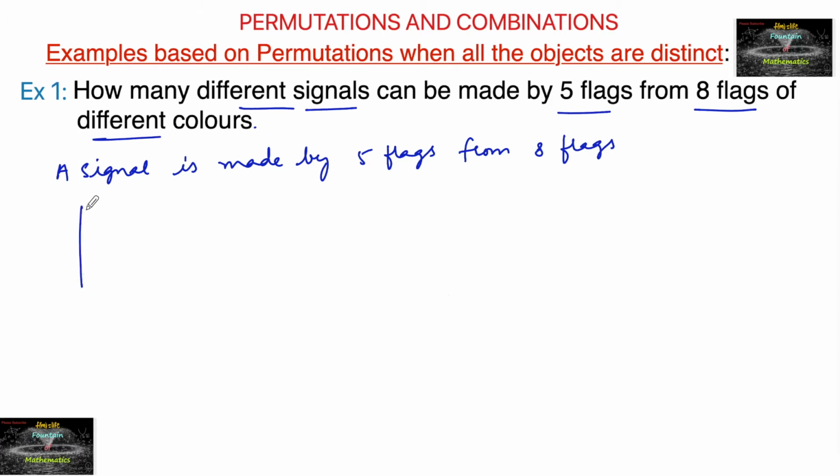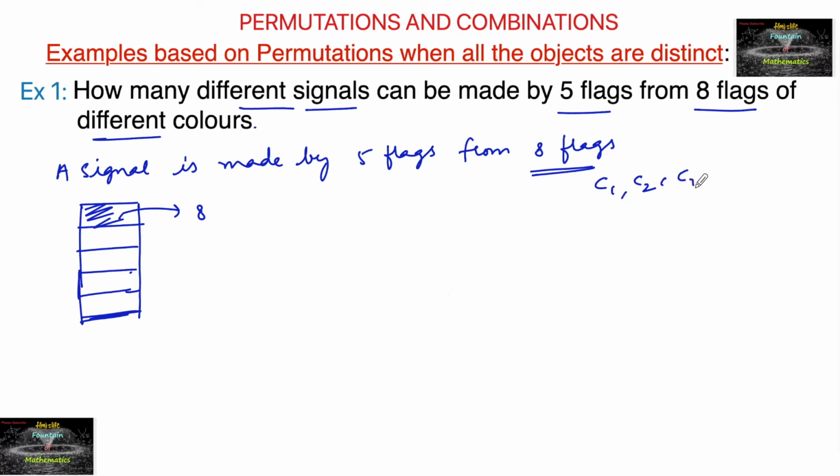Let's think this is a signal with the 5 flags. Say this is one signal. The first flag can be taken from among the given 8 flags in 8 different ways. Say 8 flags are different colors here, C1, C2, C3 and so on, like C8. 8 different colors are there.